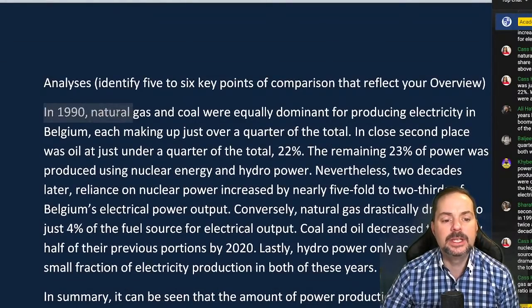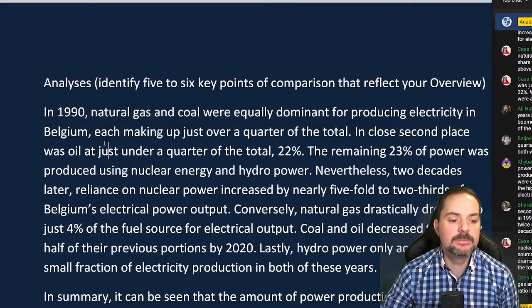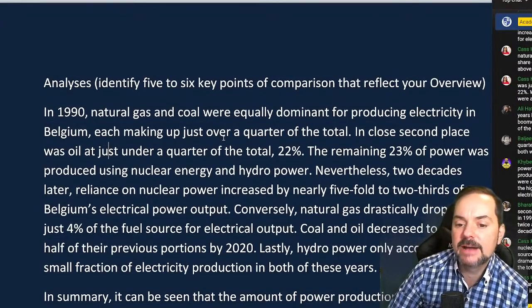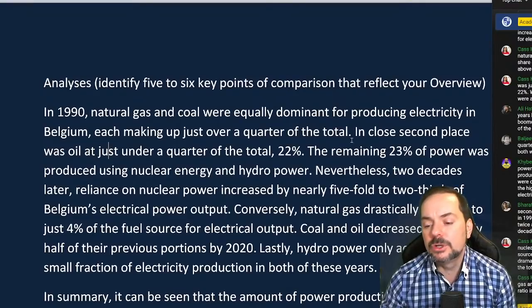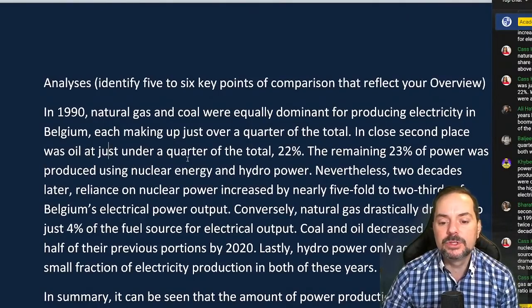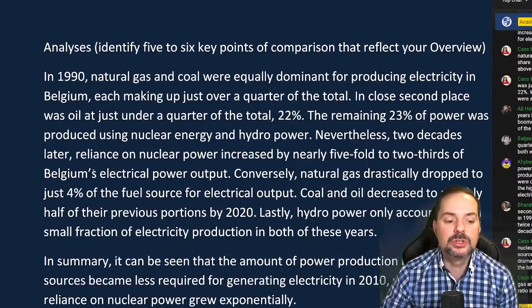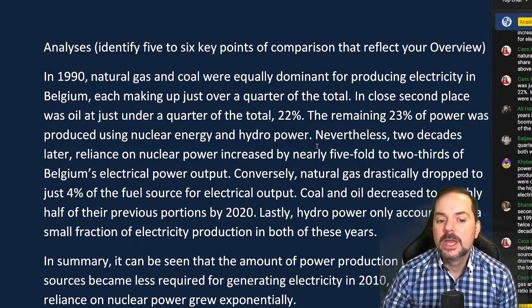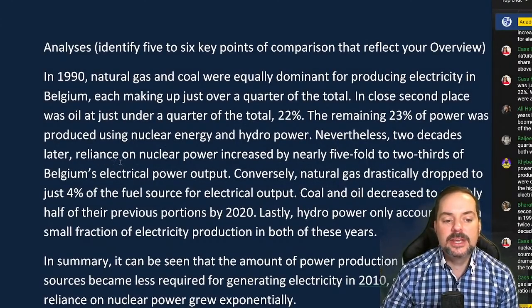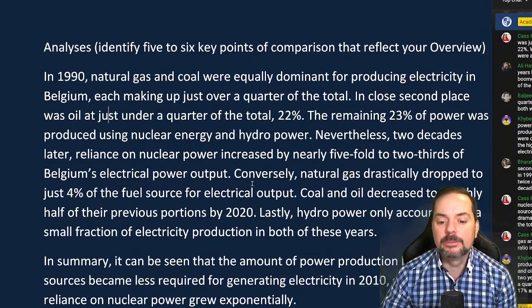In 1990, natural gas and coal were equally dominant for producing electricity in Belgium, each making up just over a quarter of the total. In close second place was oil at just under a quarter of the total, 22%. The remaining 23% of power was produced using nuclear energy and hydropower. Nevertheless, 2 decades later, reliance on nuclear power increased by nearly fivefold to 2/3 of Belgium's electrical power output.